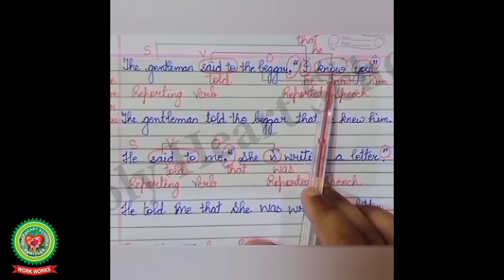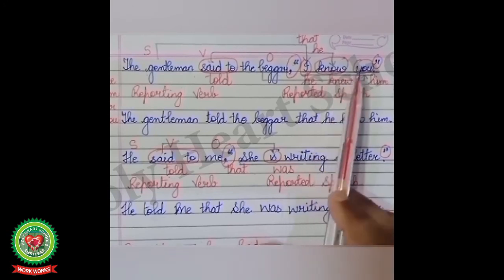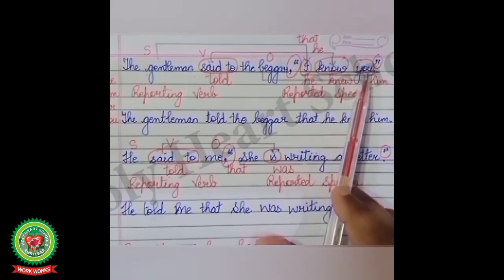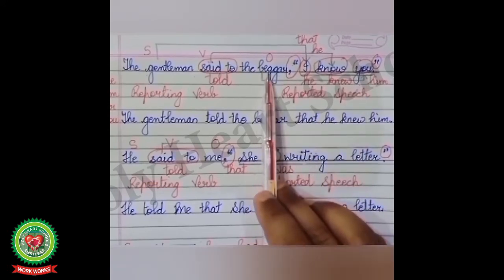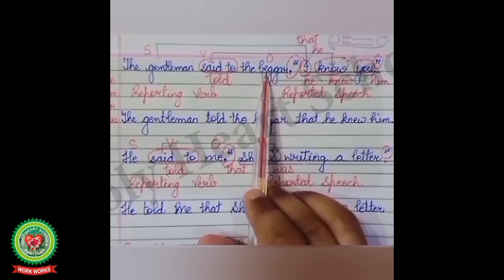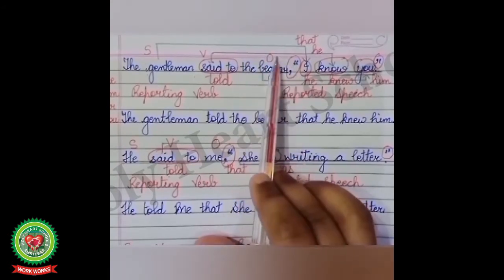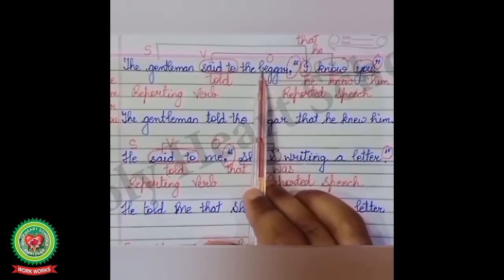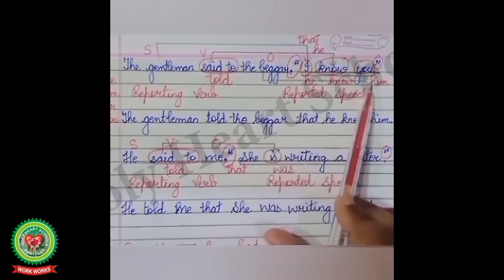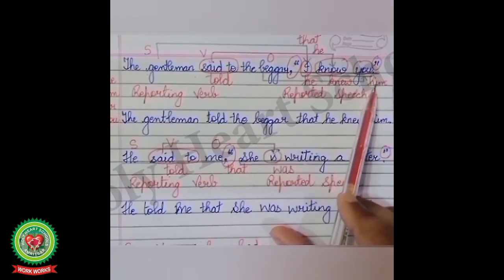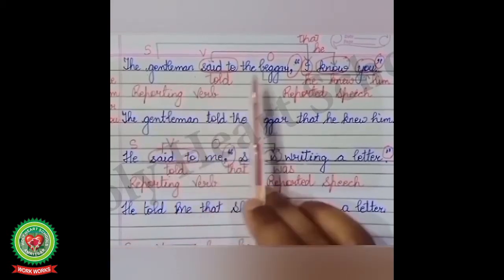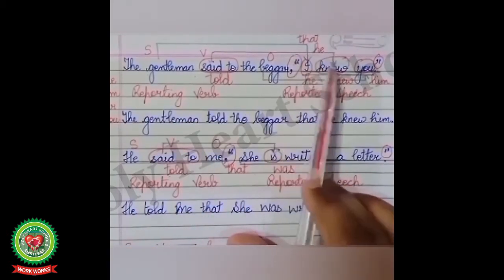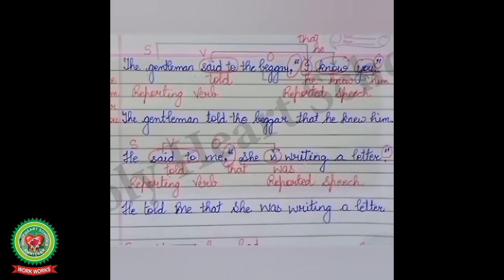So what will come in place of know? Knew. You is a second person pronoun and second person pronoun changes according to the object. Here our object is the beggar, so the objective case of the beggar will come. Him. So our answer is, the gentleman told the beggar that he knew him, full stop.